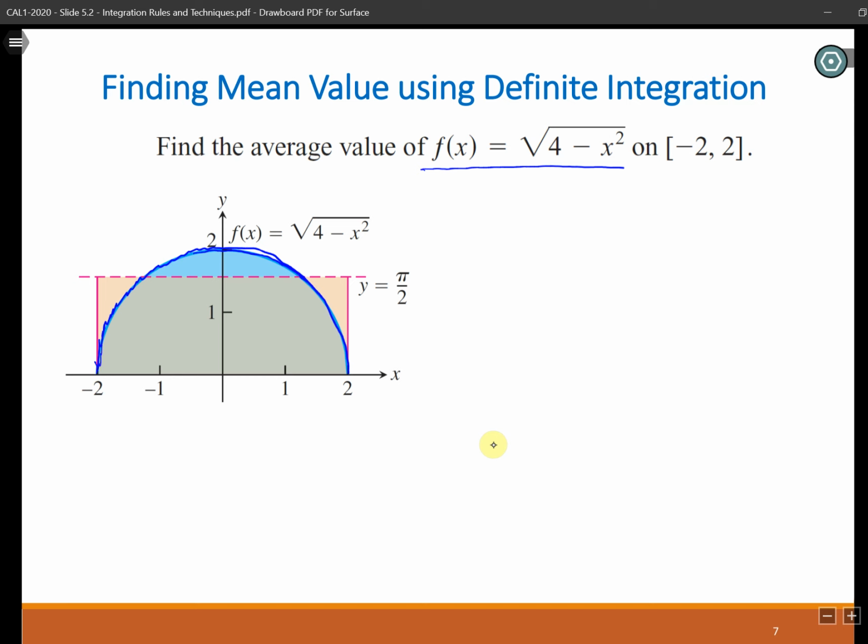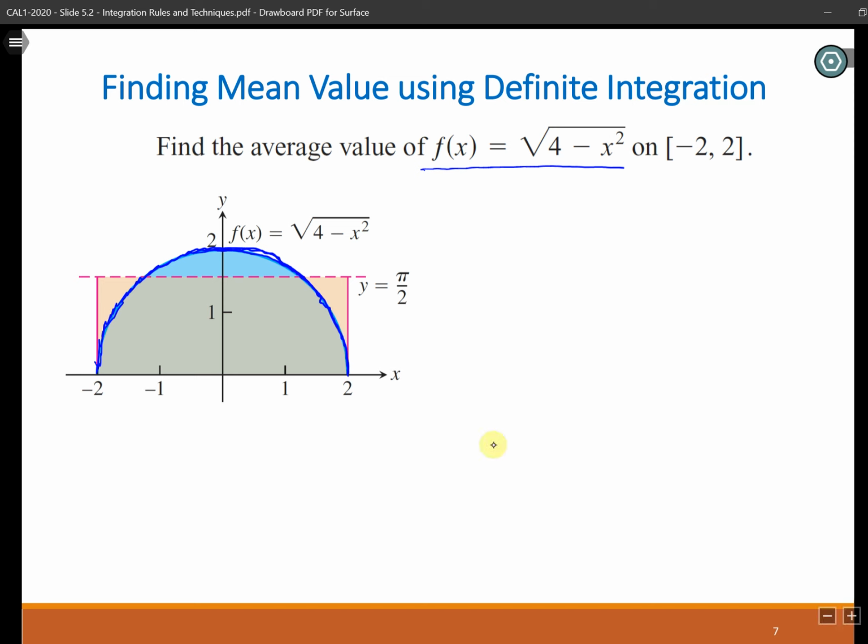We have this line. Let me put a bold line over that. And then you can see that the values start from 0, and it goes to 2 and then comes down to 0. And we just want to know the average value, the average of this line on this range.